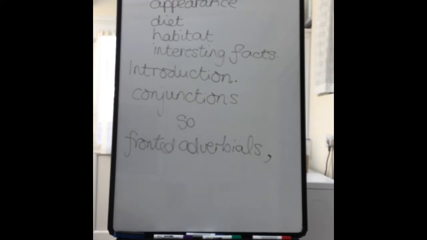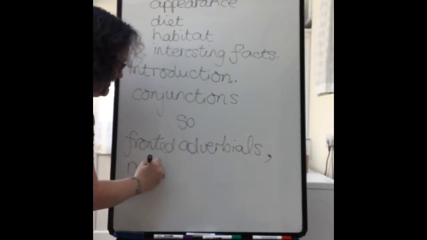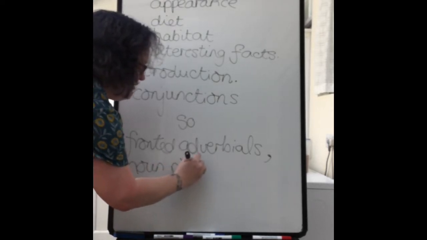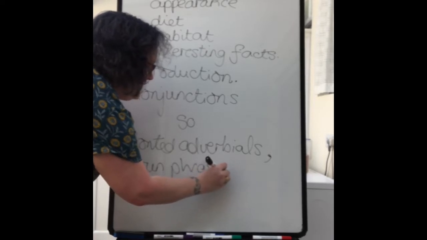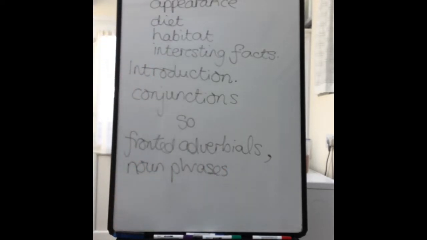The other thing that I'd like you to use in your non-chronological report are noun phrases, so that when you are describing your animals, you are making your work interesting. You're not just saying, some cats are black, some cats are white. You might describe the fur as long, fluffy white fur, for example.